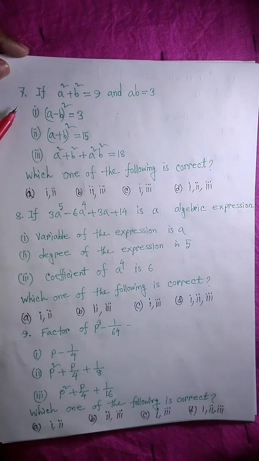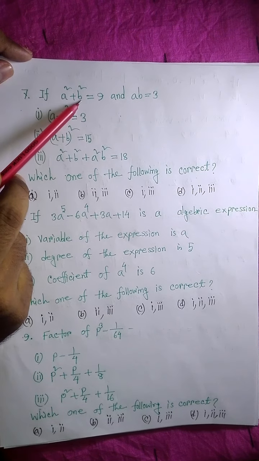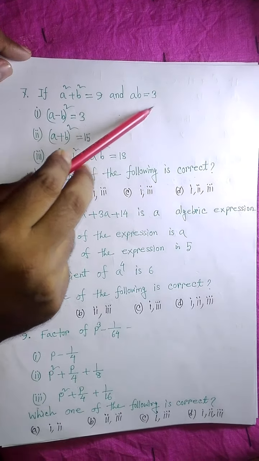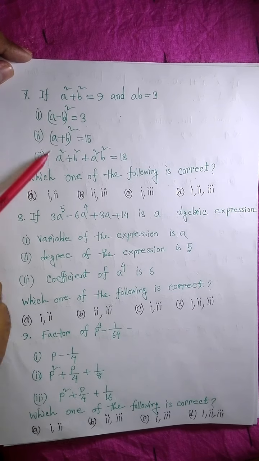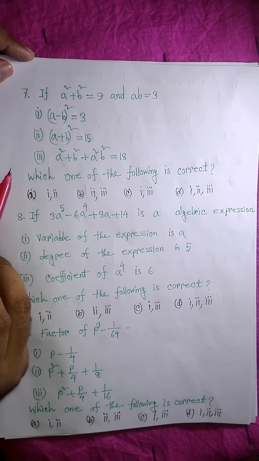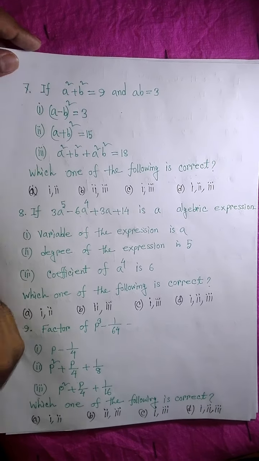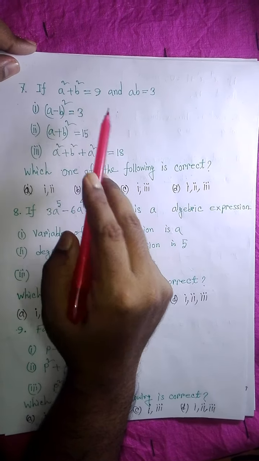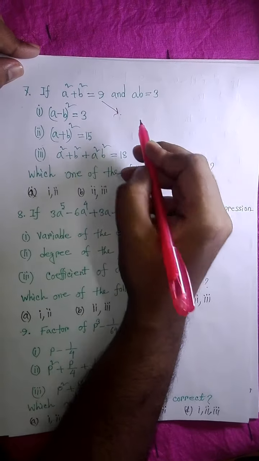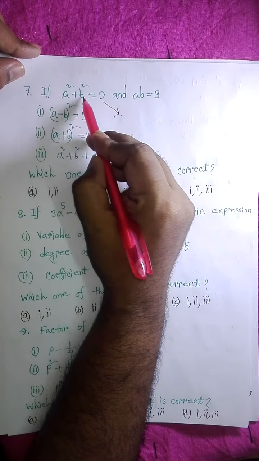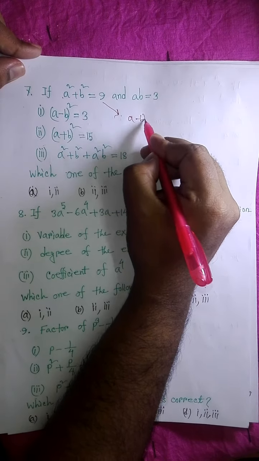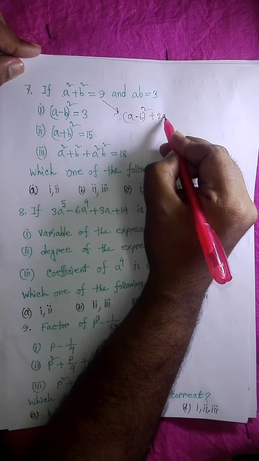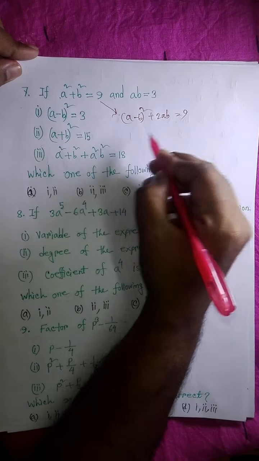Now question number 7: if a square plus b square equals 9 and ab equals 3, then there are 3 conditions. We prove them one by one. Let's start. Here it is given that a square plus b square equals 9. So from here we can write (a minus b) whole square plus 2ab equals 9.